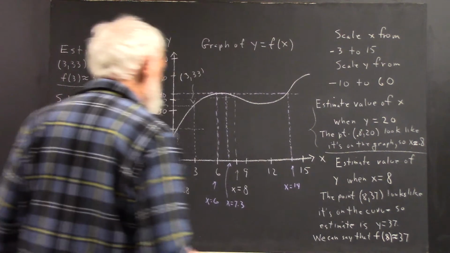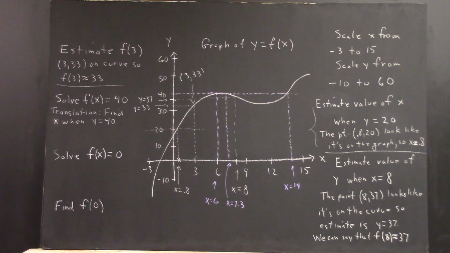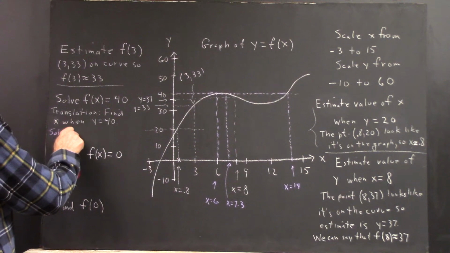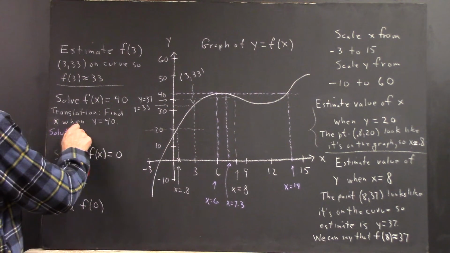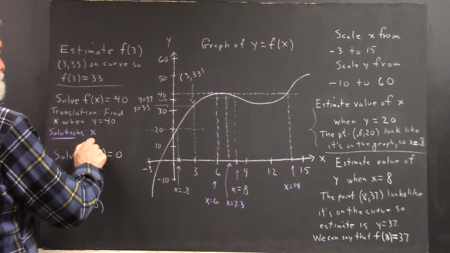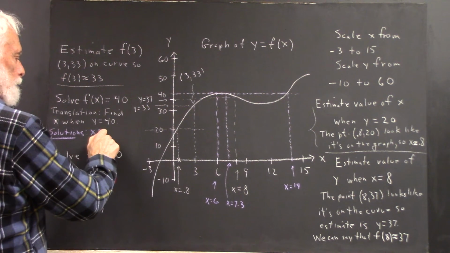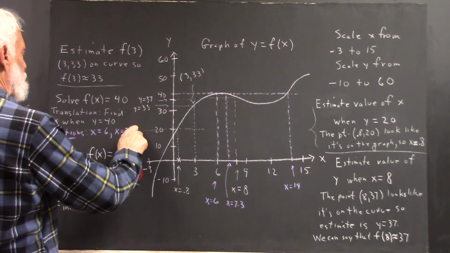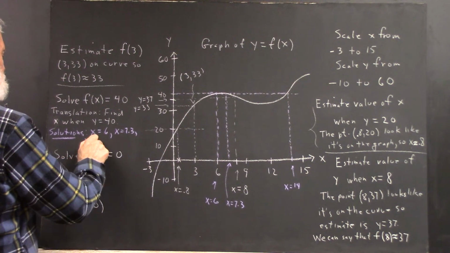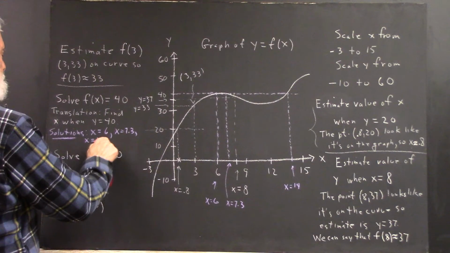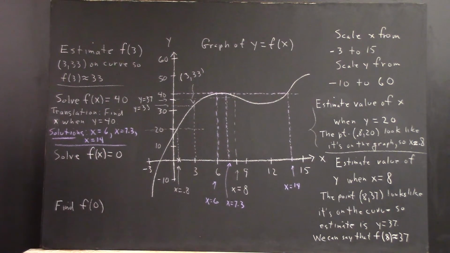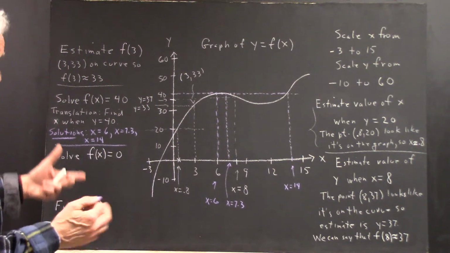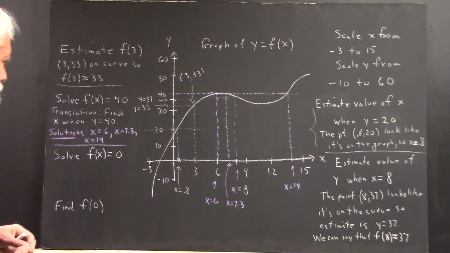Those are our estimates. So our solutions are x equals 6, x equals 7.3, x equals 14. We can express those as a set and have a solution set, but we'll talk about that later.